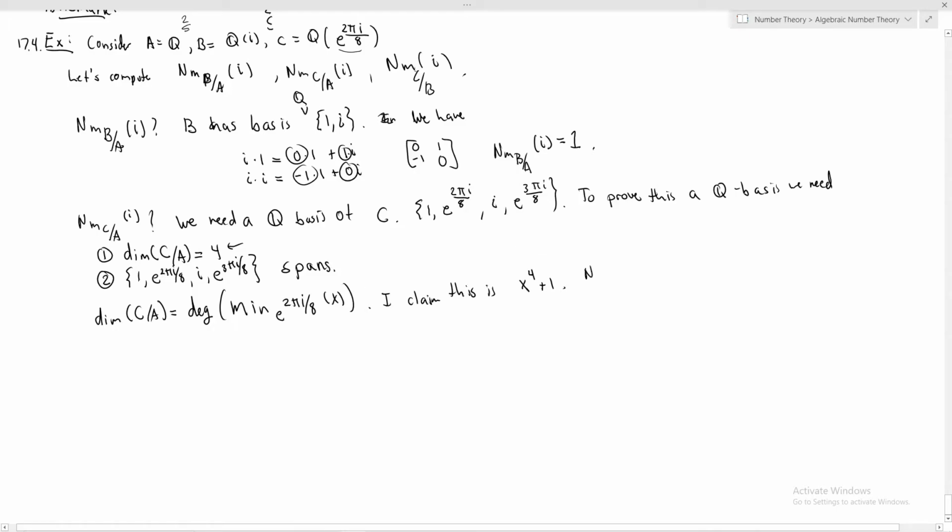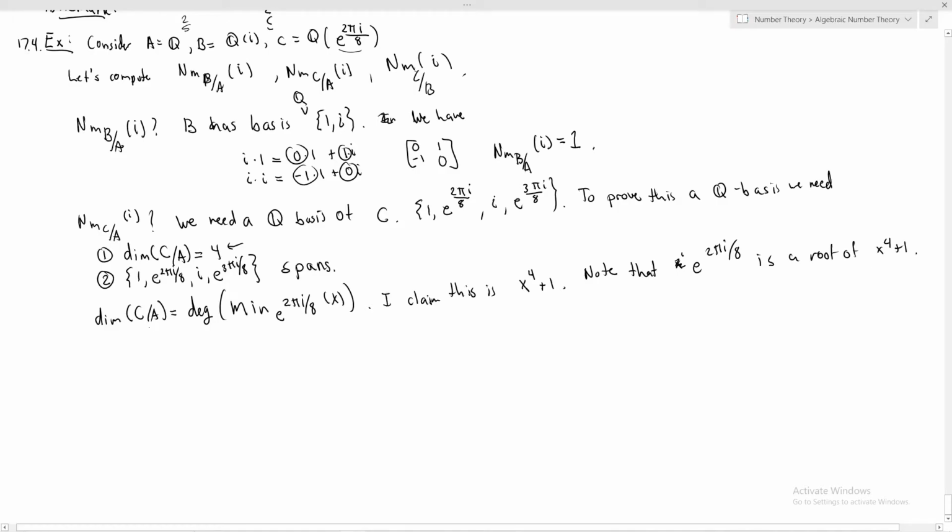So note e to the 2 pi i over 8 is a root of x to the 4th plus 1.